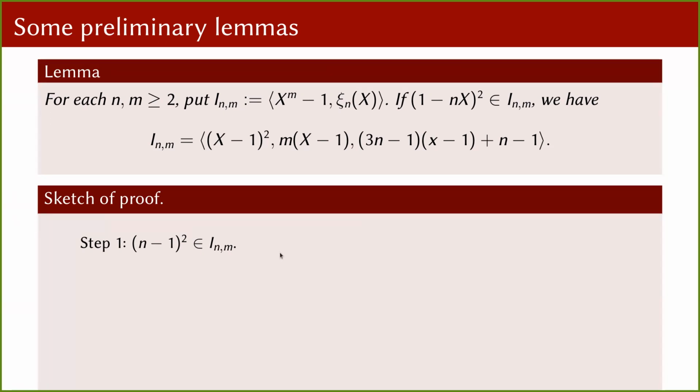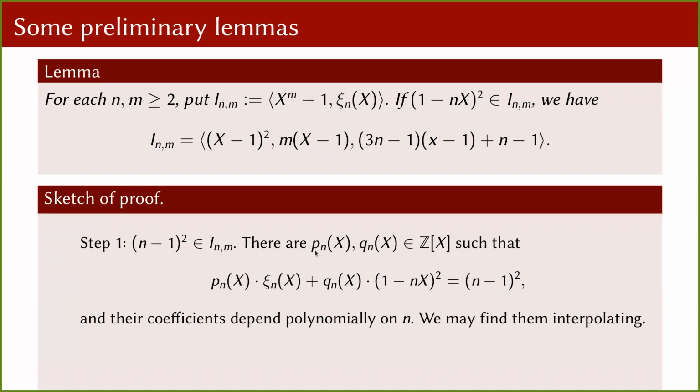And to show this, well, we first computed the cases for small n, and what we realized was that there were always polynomials of fixed degree, Pn and Qn, that exhibited (n minus 1) squared as a combination of 1 minus x squared, which we assume is in the ideal, and this other polynomial psi, which by definition is in the ideal. So that's for small n.